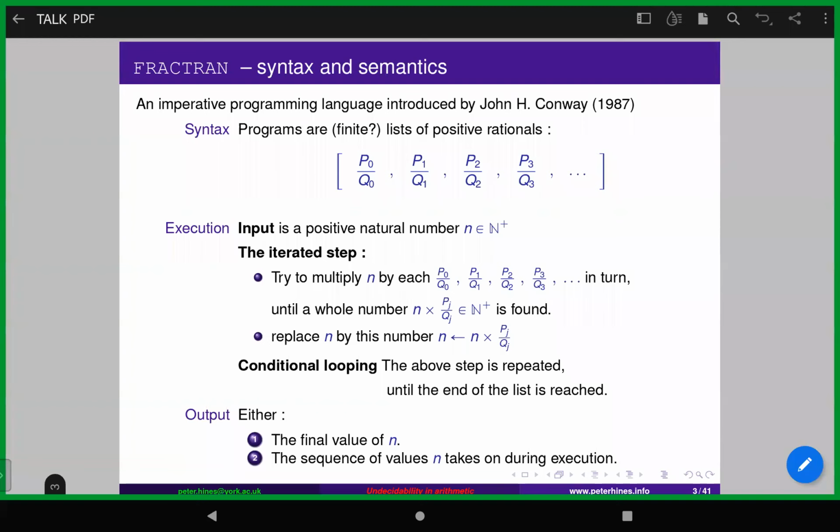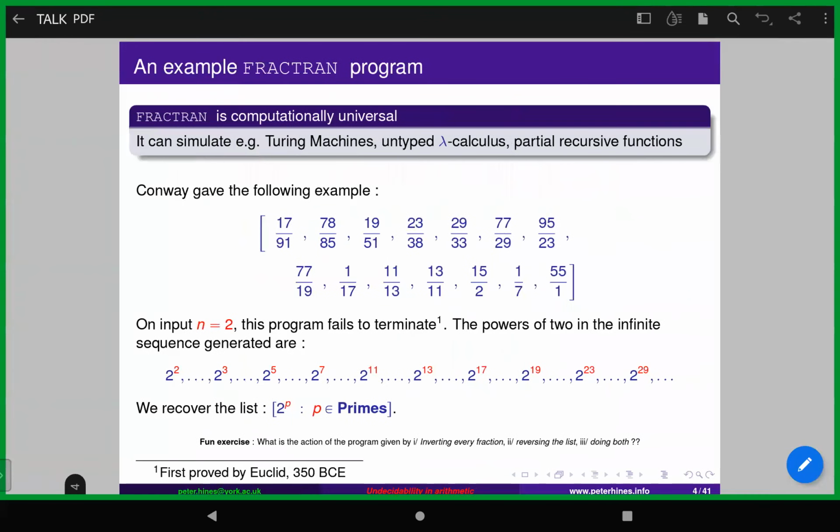Okay, so it's a slightly bizarre programming language, and really the question should be, what can we do with this? And the answer is, whatever we like, because it's computationally universal. So we can use it to compute partial recursive functions, or we can use it to simulate a Turing machine, or if into that sort of thing, we could use it to model untyped lambda calculus instead.